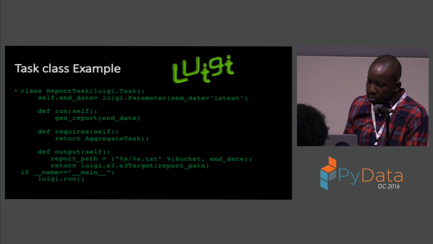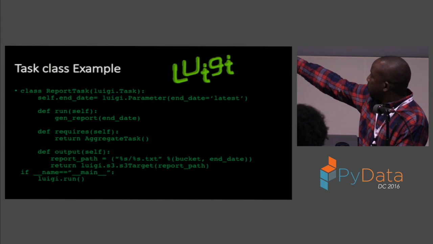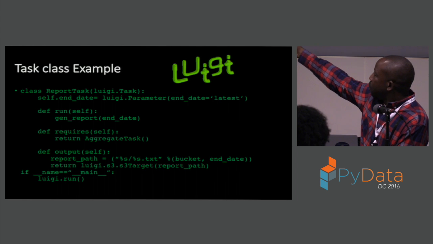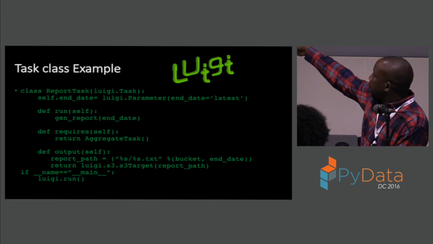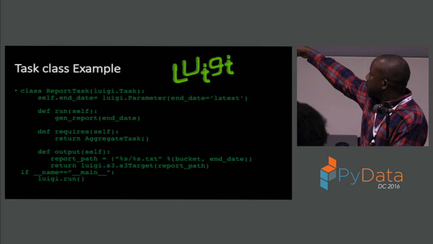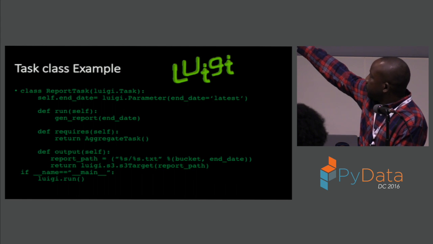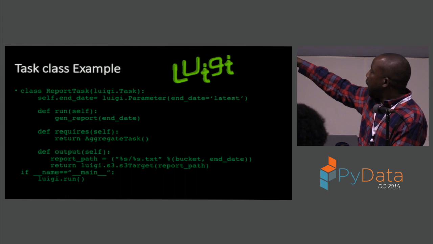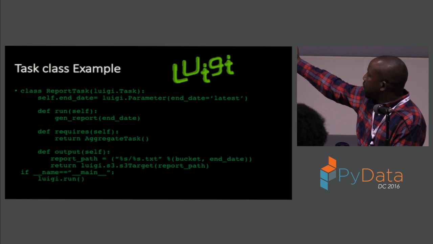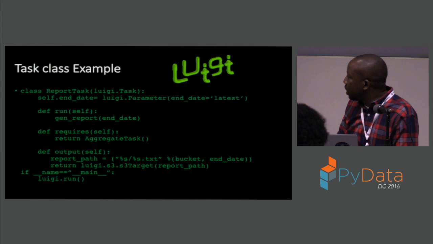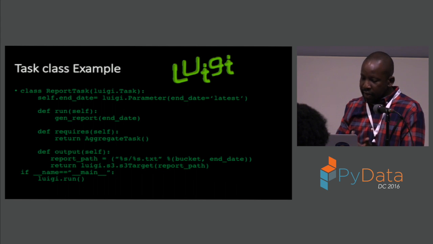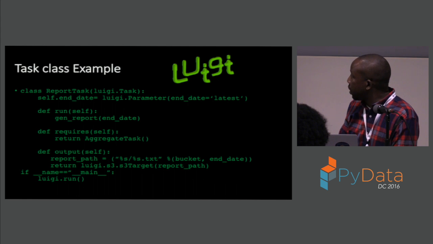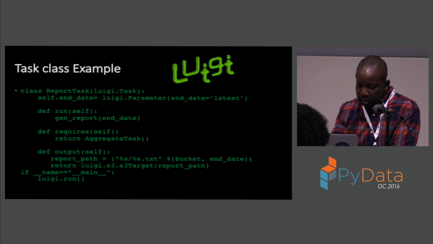And then our output would specify, let's say we're writing the report to S3, you would use the end date and a bucket that we've defined. I didn't show that there. And we're returning that as the target. And here's how we would specify, if we wanted to call this task at the bottom.